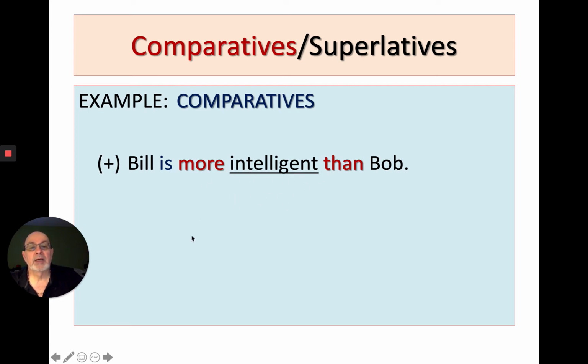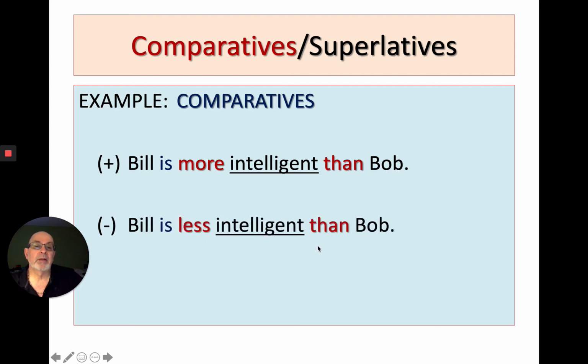Don't change the adjective. If you are saying moins que, less than, then you would do the same thing. Less, minus, intelligent than Bob, okay? And we know this is an adjective because we're using is.